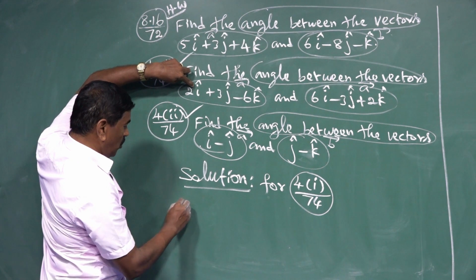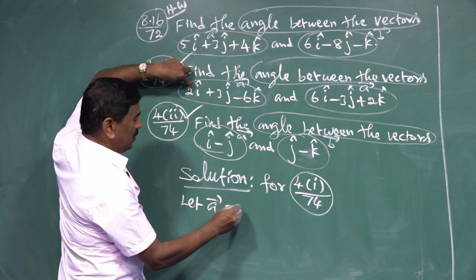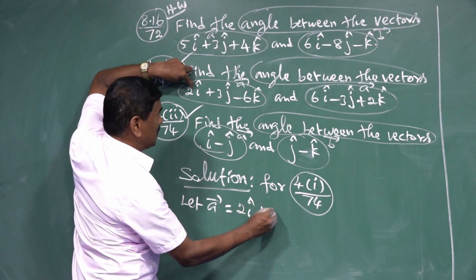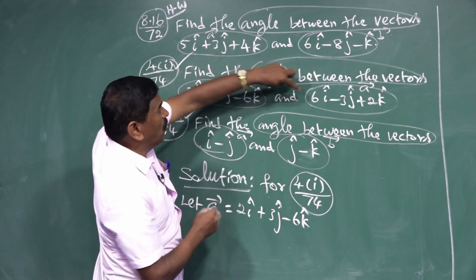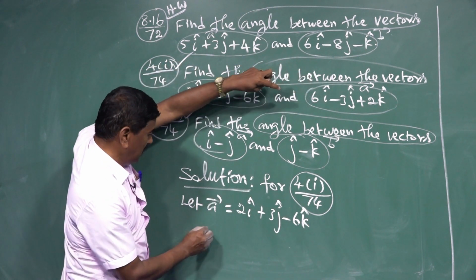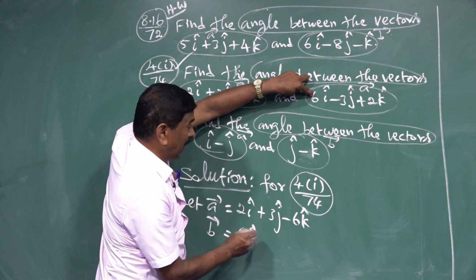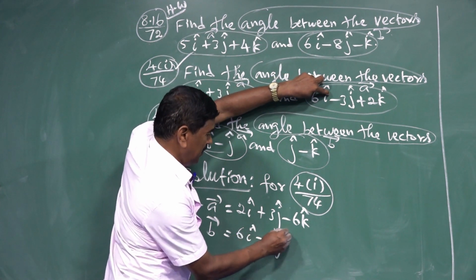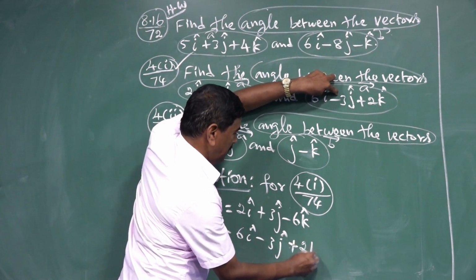So listen carefully, let A vector be equal to 2i cap plus 3j cap minus 6k cap. Let B vector be equal to 6i cap minus 3j cap plus 2k cap.